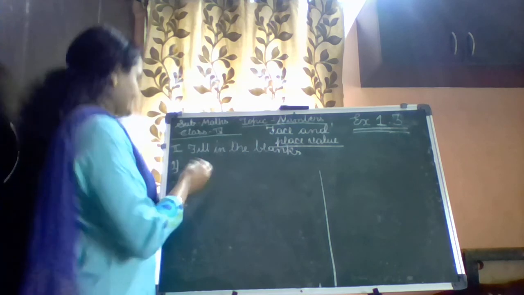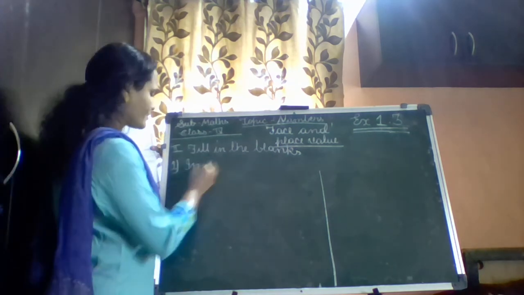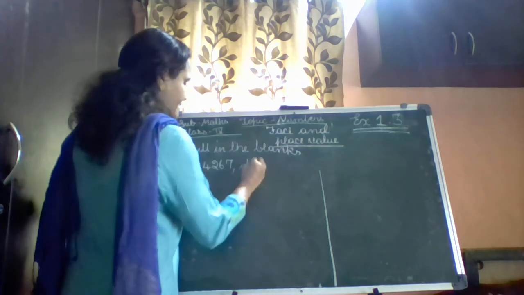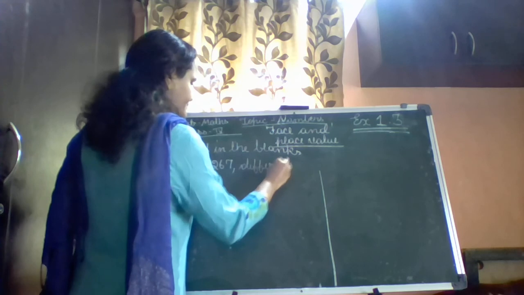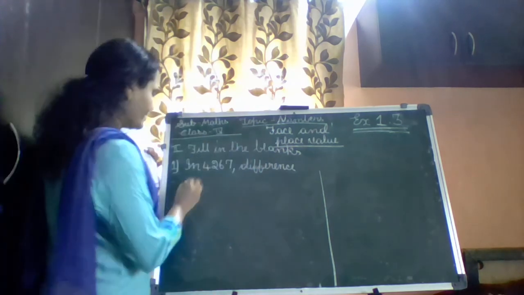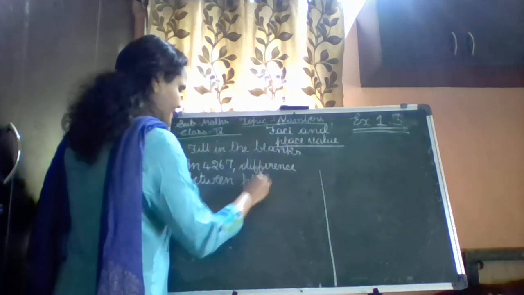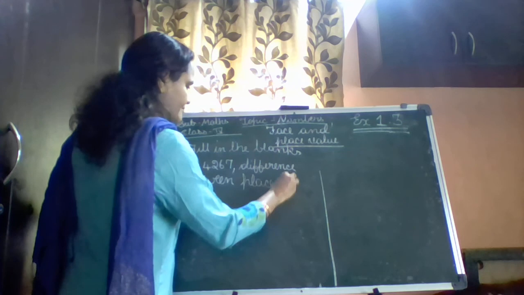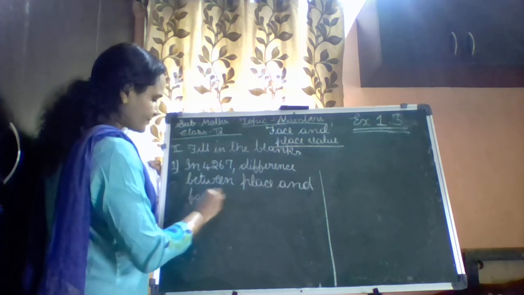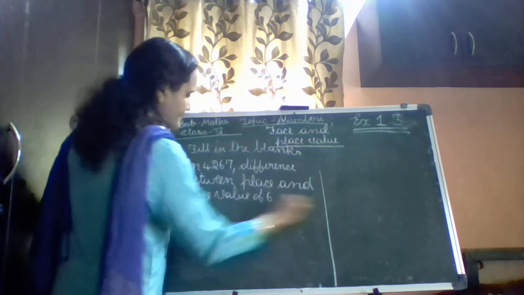Okay, the first one, in 4267, difference between place and face value of 6 dash.